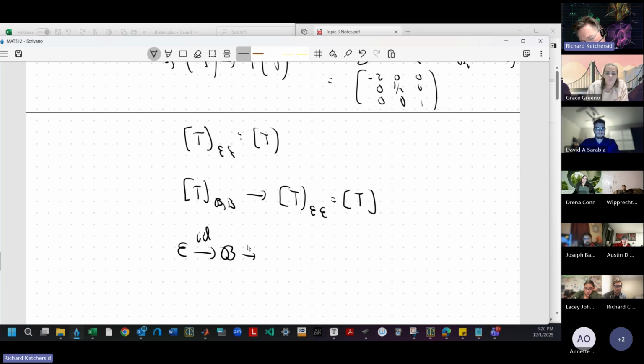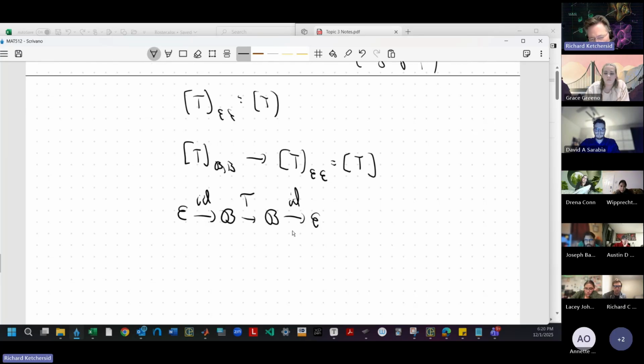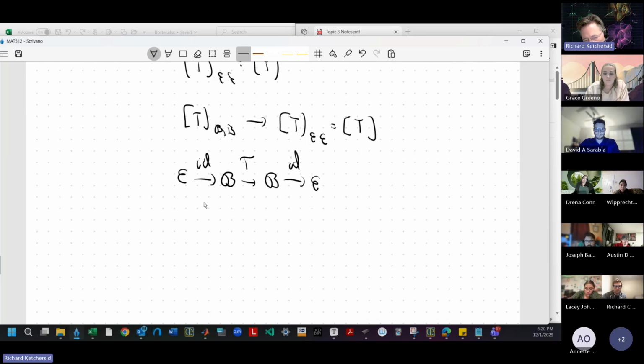And then you're going from B to B using T. And then you're going from B back to E using the identity. In terms of multiplying things, I do this one first, right? So it's ID_EB, and then it's this thing here, T_B, and usually if it's B on both sides, I just write B once there. And over here I've got ID going from B to E, right?